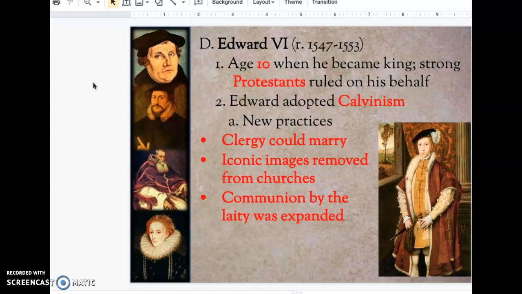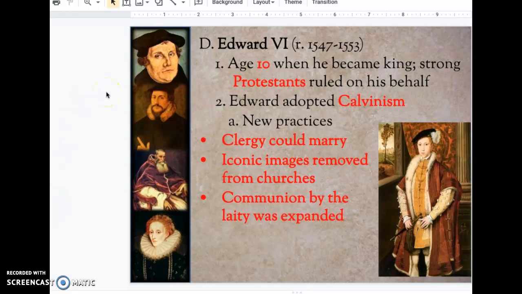Communion by the laity was expanded, which means churchgoers, people that don't take vows but are within the church. They are able to take communion instead of it only being the church leaders who had taken vows. So it is expanded to include more people.